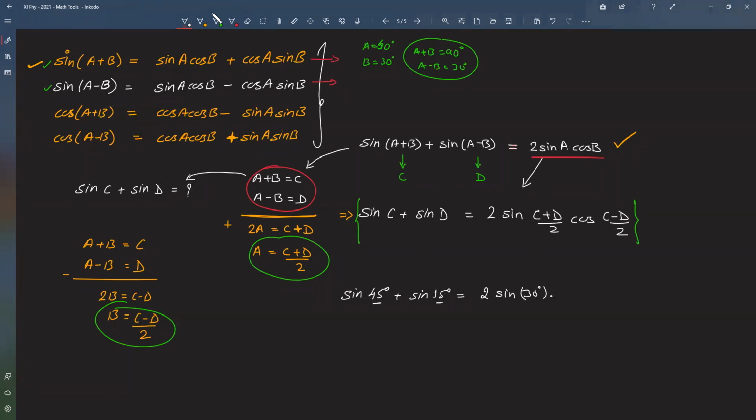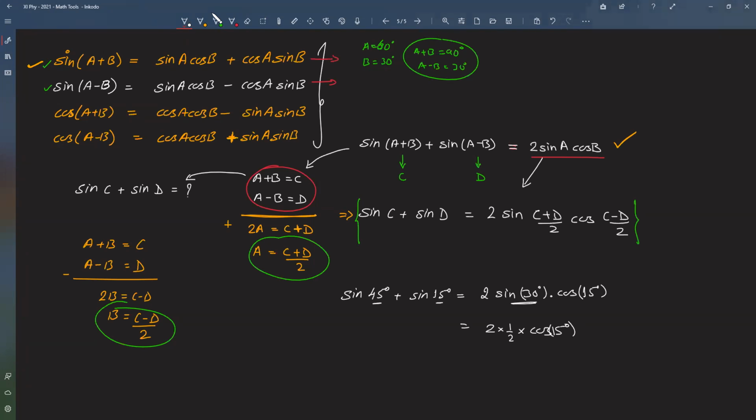Into cos of what? C minus D. So 45 minus 15 is 30. 30 divided by 2 is 15 degrees. So sine 30 degrees is half. So 2 into half into cos 15 degrees.